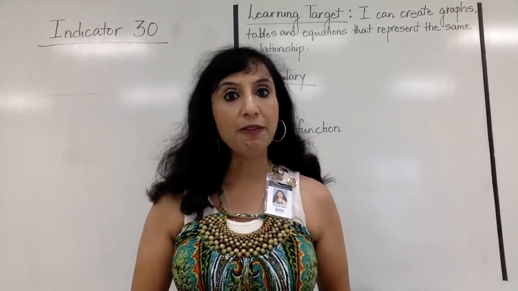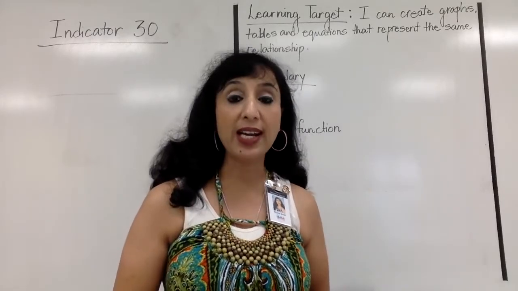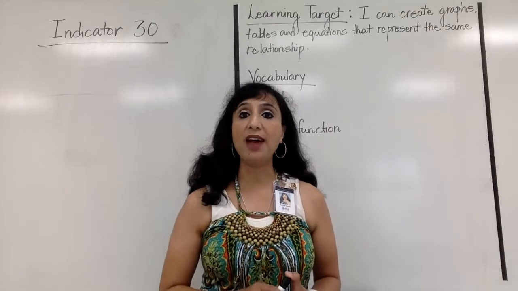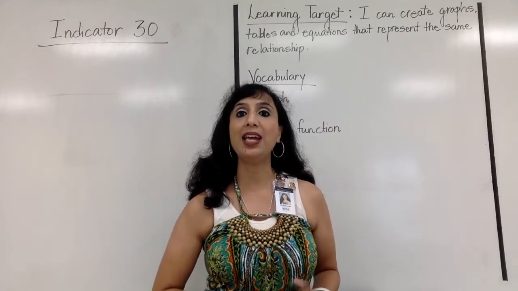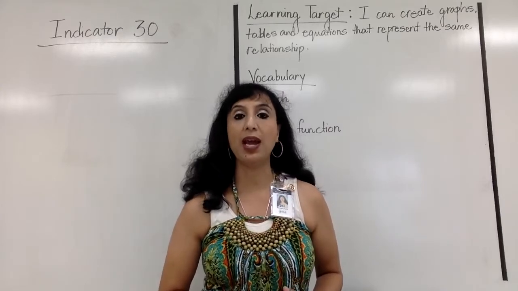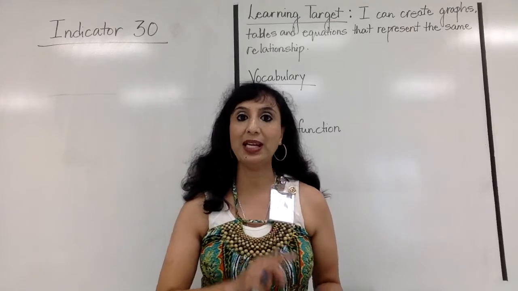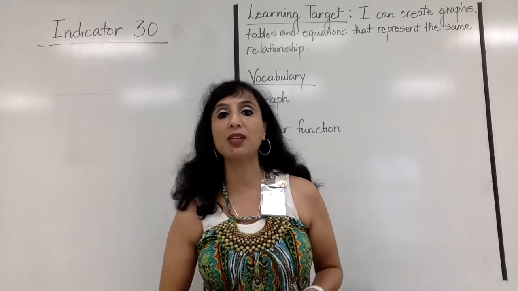In this indicator, the learning target is: I can create graphs, tables, and equations that represent the same relationship. In indicator 29, you were seeing the relationship between the independent and the dependent variables.